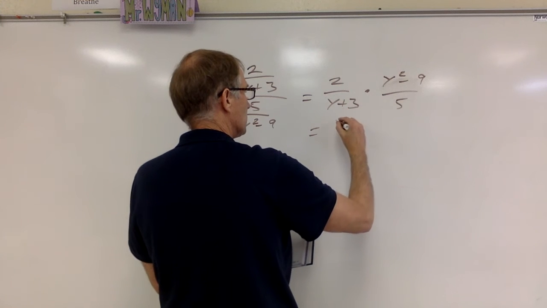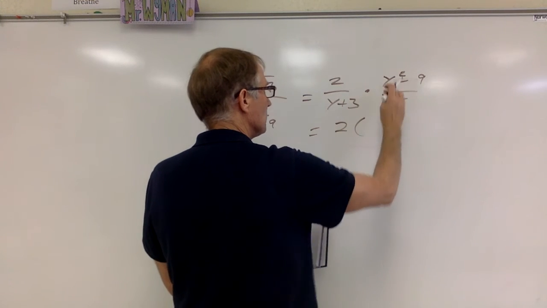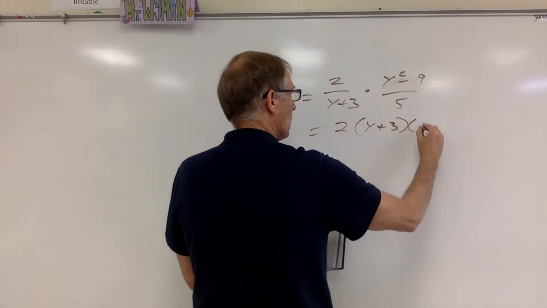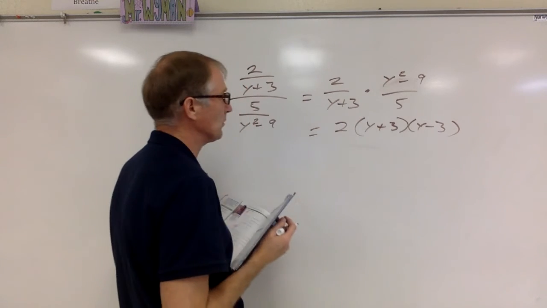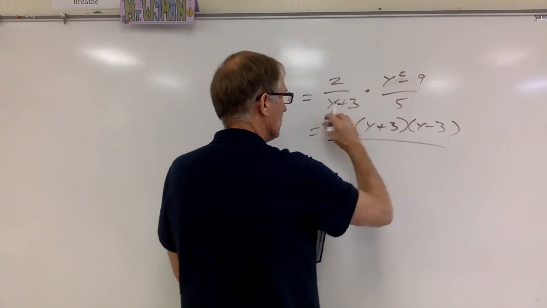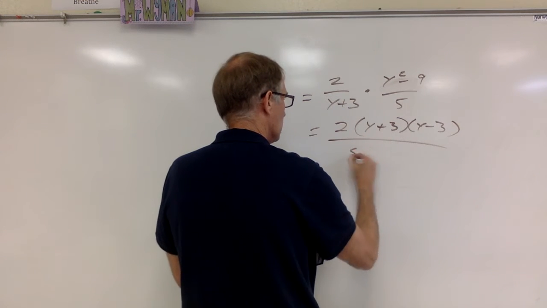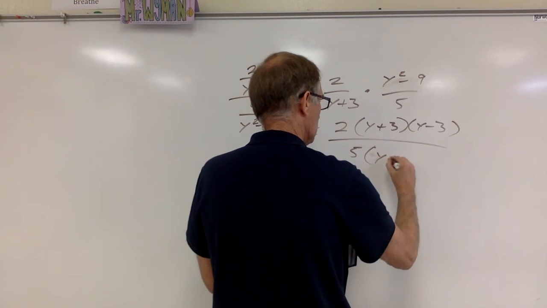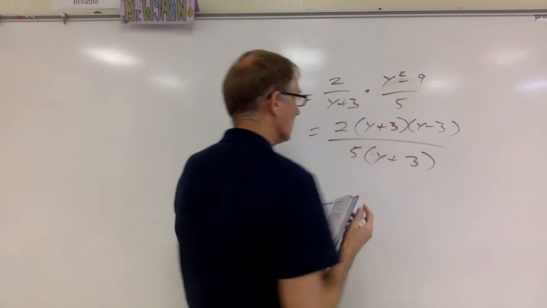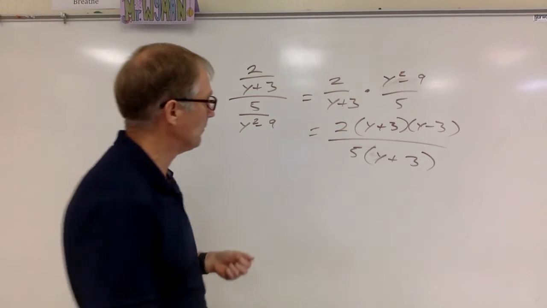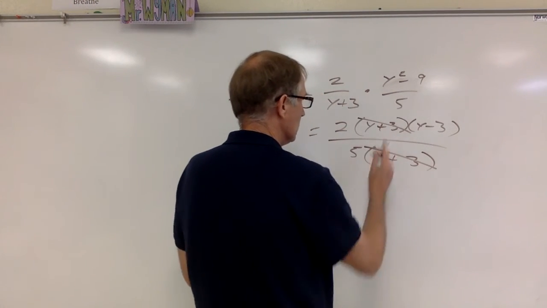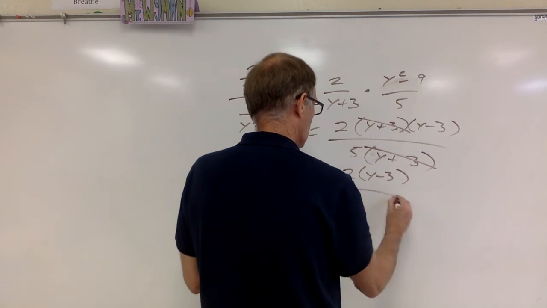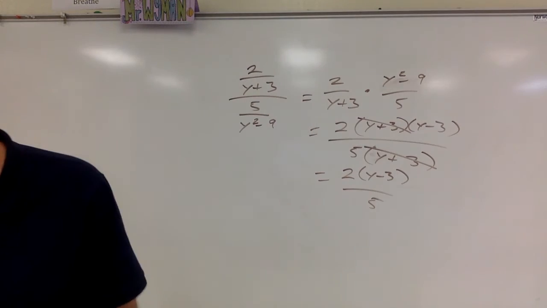This factors, so that's going to be 2 times, this is a difference of 2 perfect squares, so that's y plus 3, y minus 3, all over 5 times y plus 3. Now cancel y plus 3 and y plus 3. So that's 2 times y minus 3 over 5. And you can't do anything more with that.